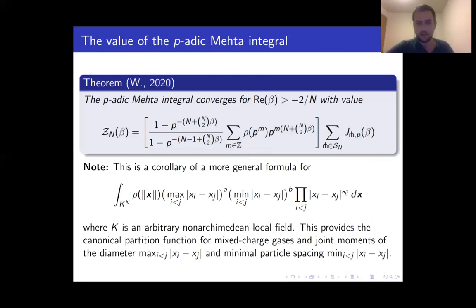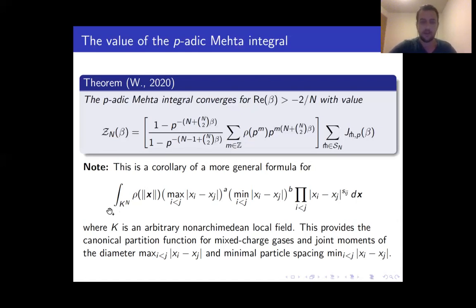All right, this is the last note. I just wanted to point out that this theorem is actually a corollary of something more general, where you can do the integral over k to the n, where k is any non-Archimedean local field. So Q_p is an example of such a k. Any finite extension of Q_p is also this kind of field. And also there are the Laurent series with finite field coefficients. So there are several kinds of non-Archimedean local fields.